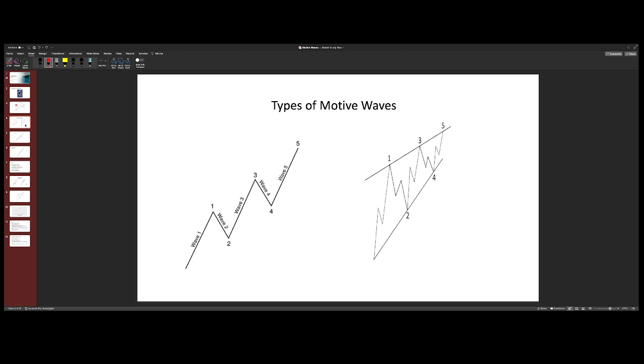The types of motive waves are very simple. We have the impulse wave, which is the very basic pattern, and we also have our diagonals.